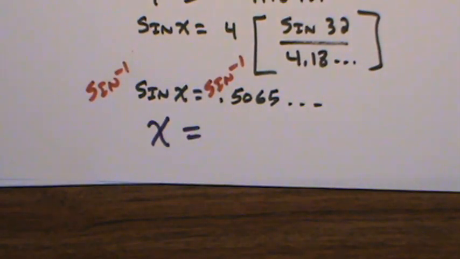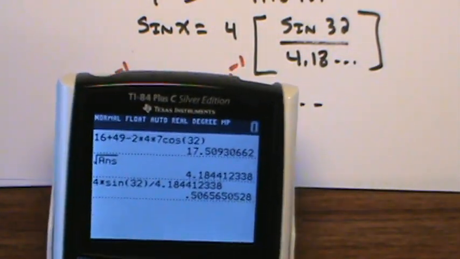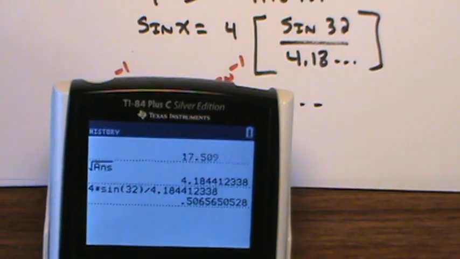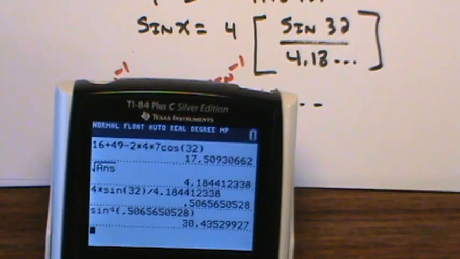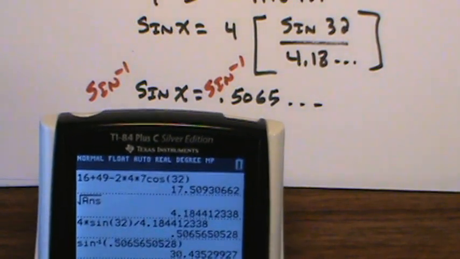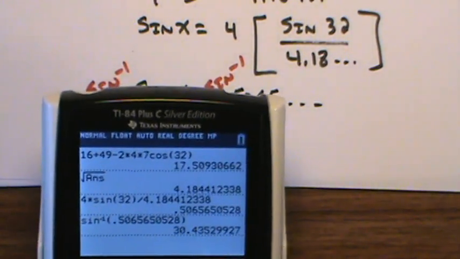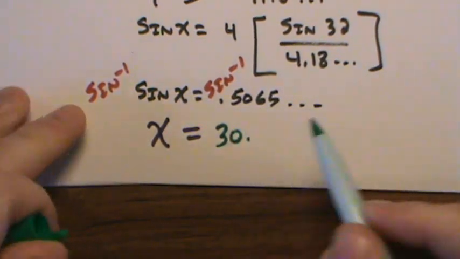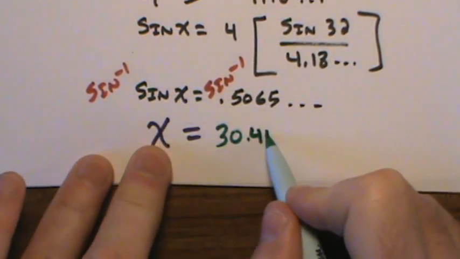I'll say second sine, and I take that number, and that tells me my angle there is, I'm going to go 2 decimal places, 30.44 degrees. x is equal to 30.44 degrees.